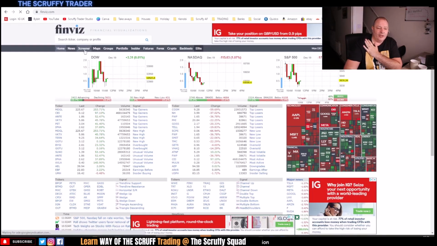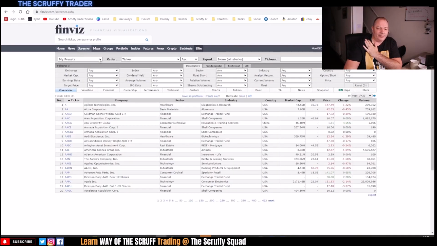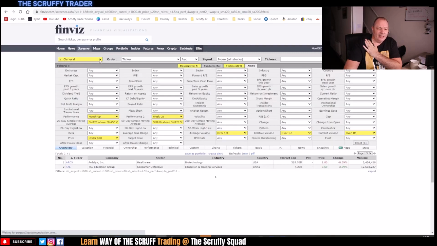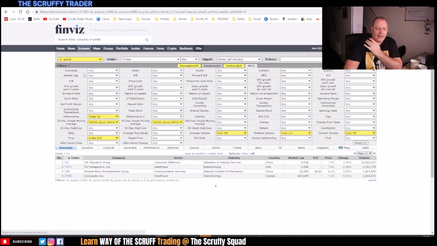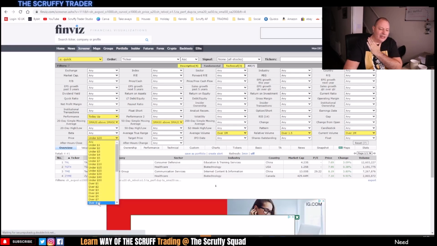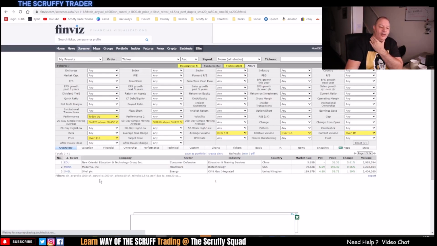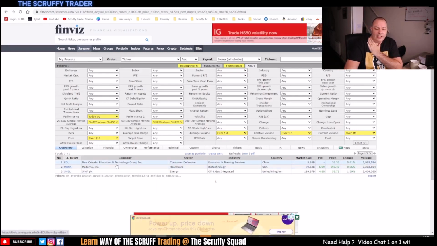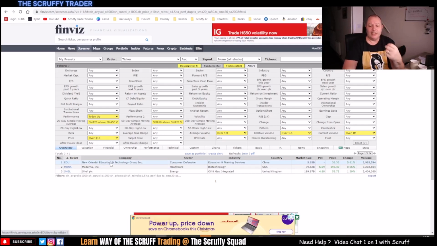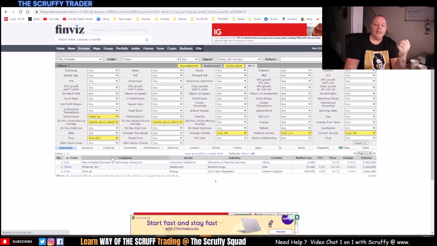So if I go to my screeners, I've got some presets in. I've got a general one and I have a quick one here. I was reading through the notes and it said, have a share over $10. Well, there it is there. So I pulled it out and basically I'm looking for it to be over 1 million volume.